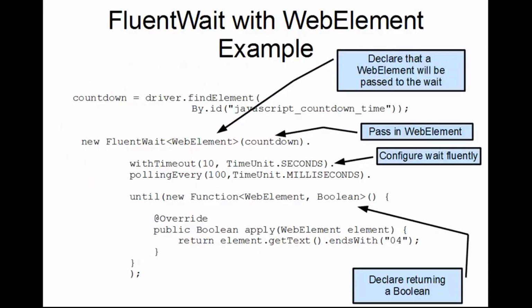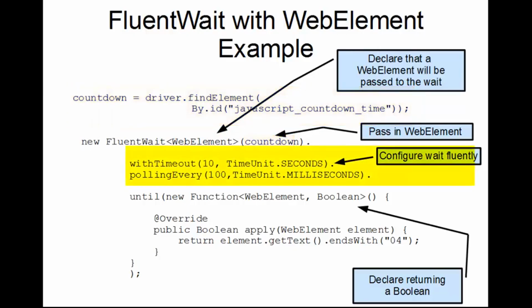So here's a quick example out of context. You can see here that I'm doing a FluentWait for a web element. So FluentWait here is going to act on a web element, not a WebDriver. It's a web element that's going to be passed into the until function. I have a web element called countdown, and I'm passing it in to this new FluentWait of web element.